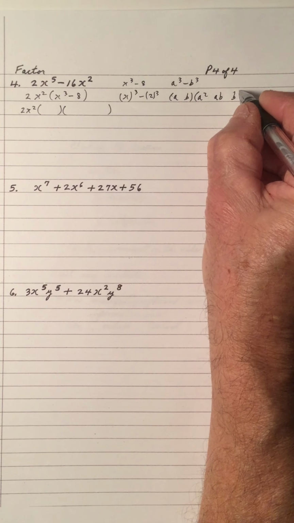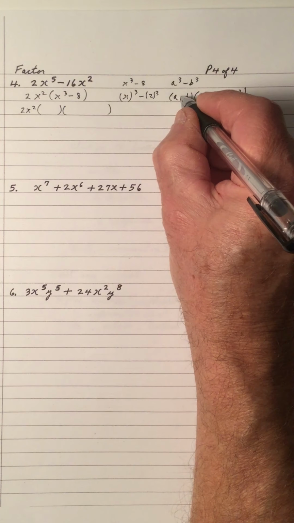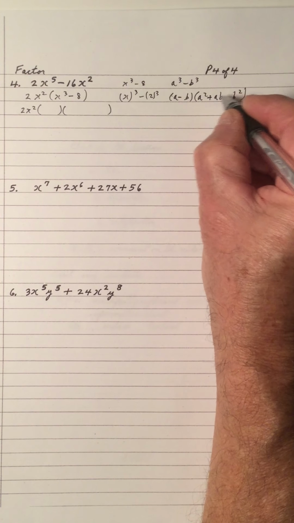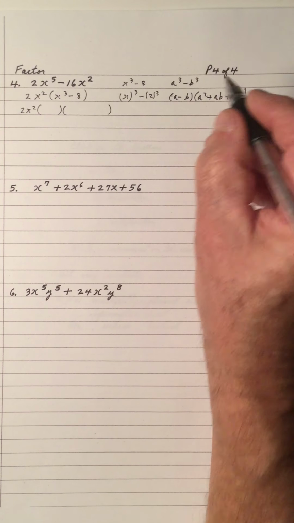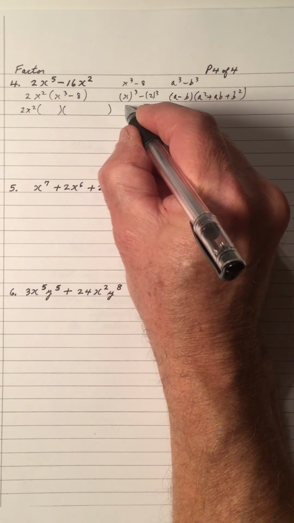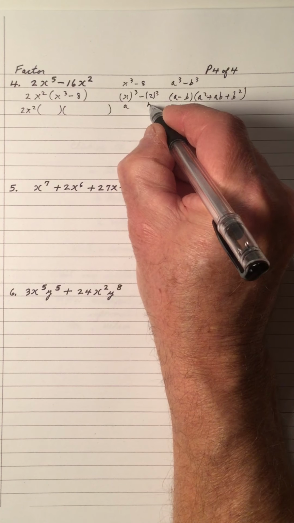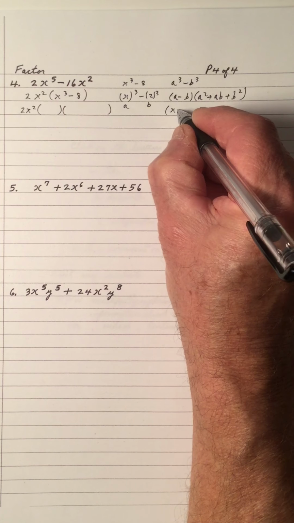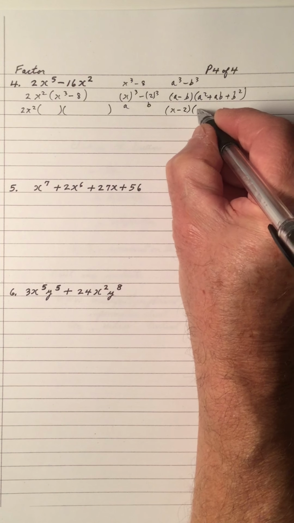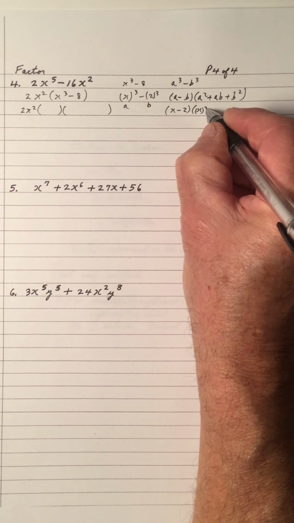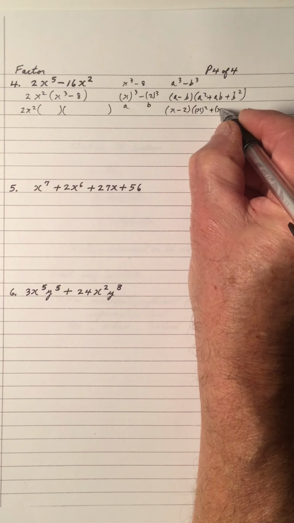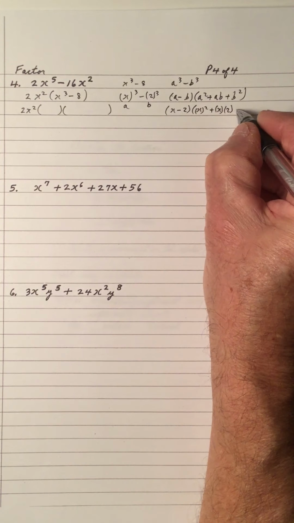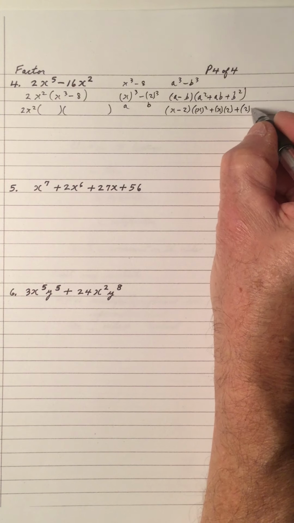I got a b squared. And that's a minus, and that's a plus, and that's a plus. So that means that a is x and b is 2. A is x, B is 2.